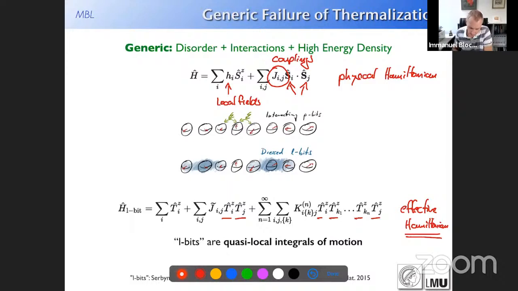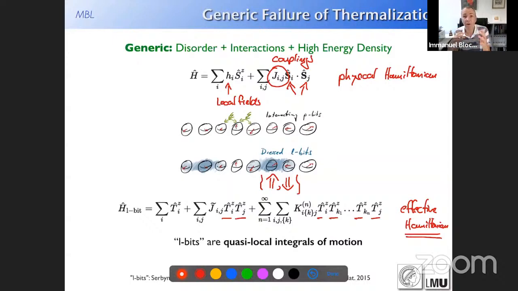Now, what are these L bits? If we think of them in terms of physical qubits, they're basically just some linear combination, some unitary transformation of our physical qubits. So you take the physical qubits, you make a superposition state out of the original qubits, and out of that you get one bigger, let's say, tau qubit, which we denote by this state with the double arrow, which could be this up and down state or any superposition state.